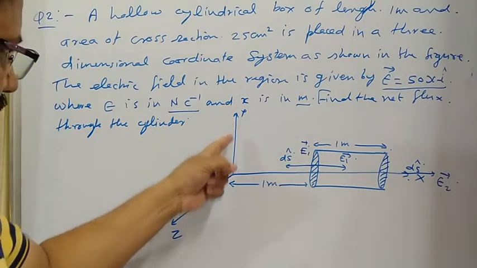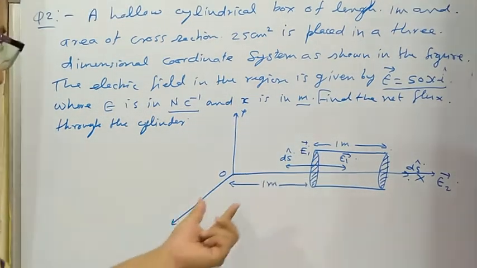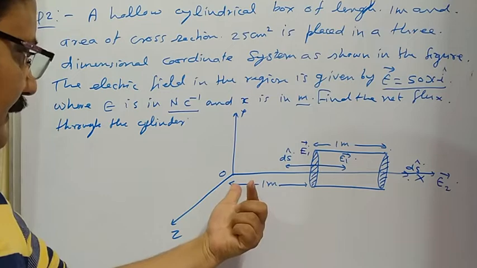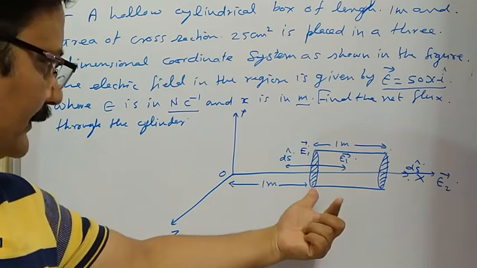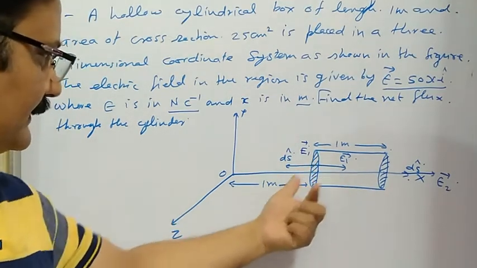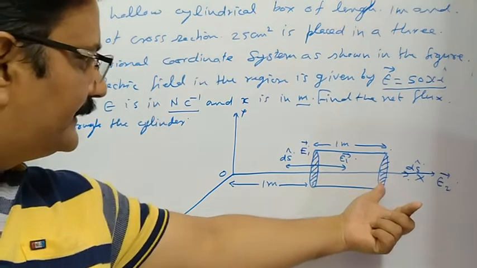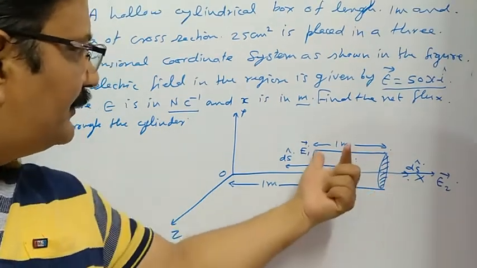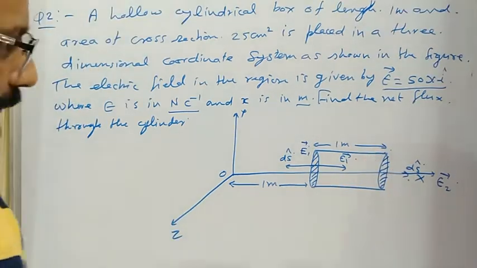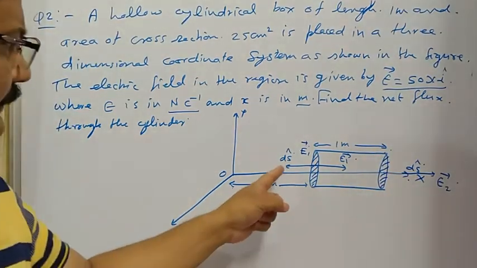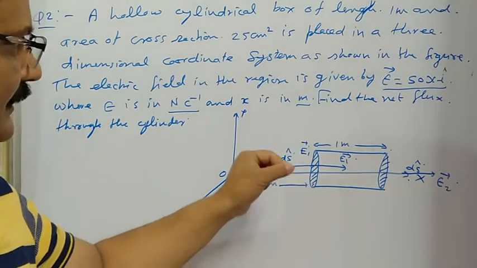In the figure you can see the first plane surface of the cylinder is at a distance of 1 meter. The second face is 1 meter plus 1 meter, that is 2 meter. First of all, see the direction of the electric field.